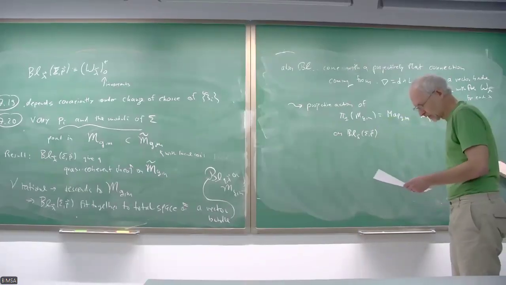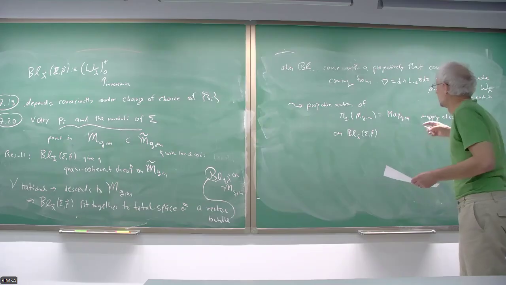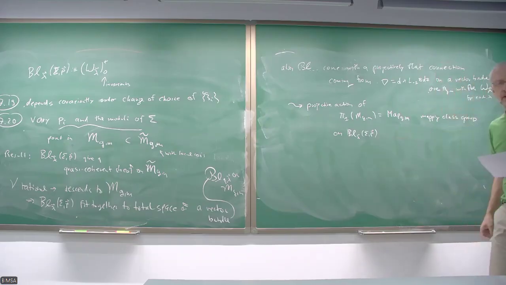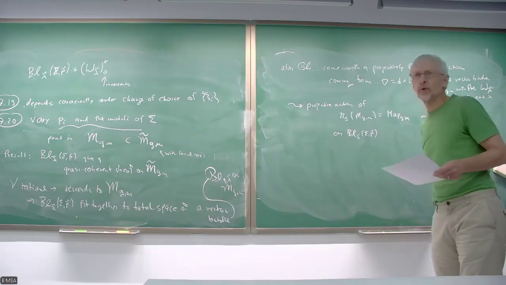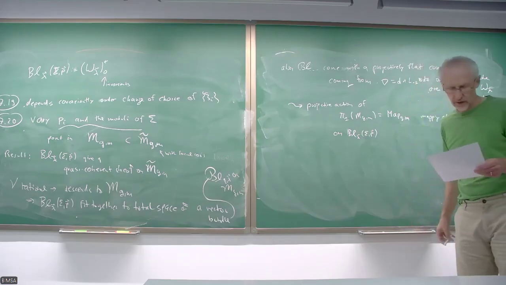So, for example, when sigma is the torus and there are no marked points, then this gives us the modular representation.